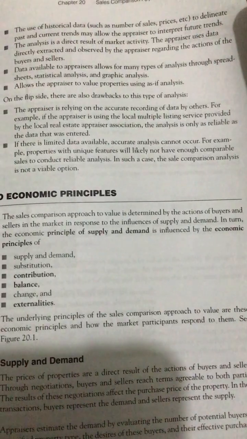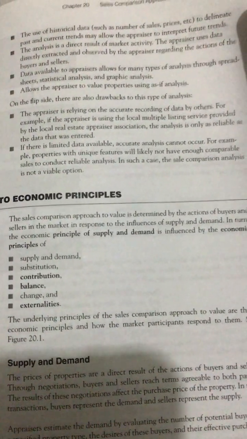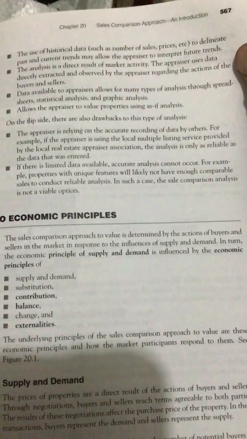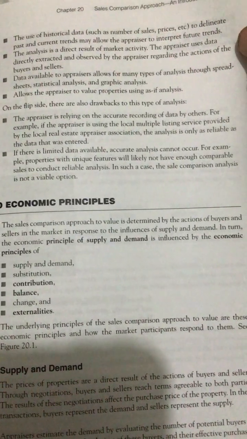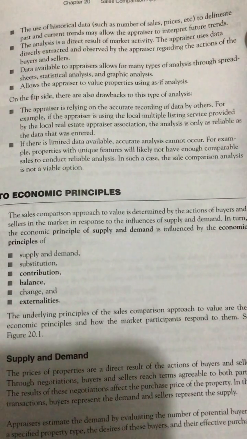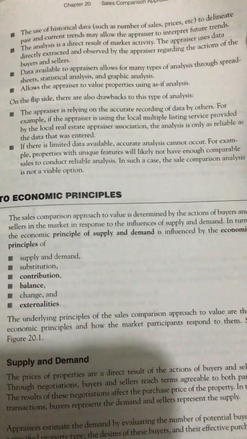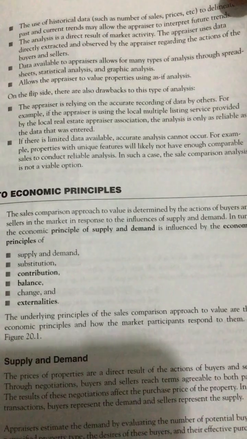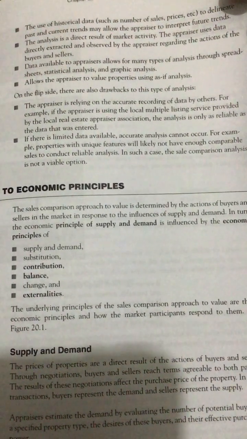The appraiser uses data directly extracted and observed by the appraiser regarding the actions of the buyers and sellers. Data available to appraisers allows for many types of analysis through spreadsheets, statistical analysis, and graphic analysis. It allows the appraiser to value properties using as-if analysis.